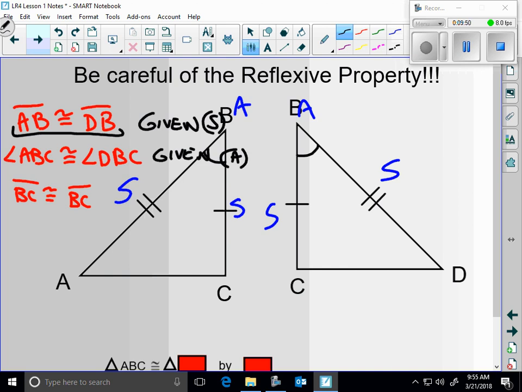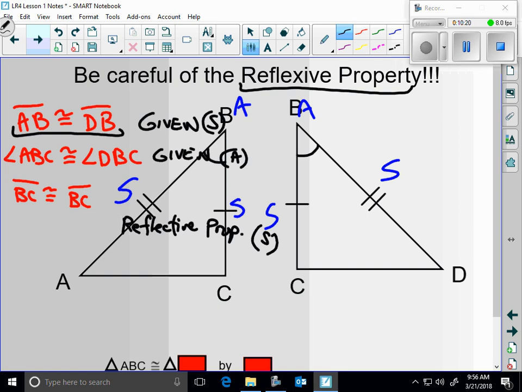What about this piece? Was it given? Kind of, but what did I use to get it? The reflexive property. Reflexive, what does that mean? Well, if you use an object, an angle or a side, in both images, then you've used the reflexive property, if you use it twice.